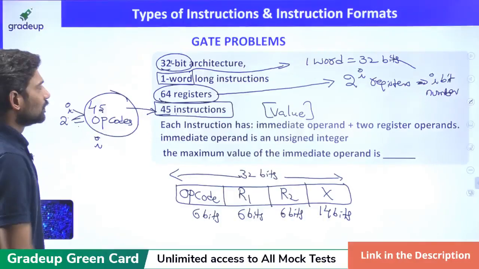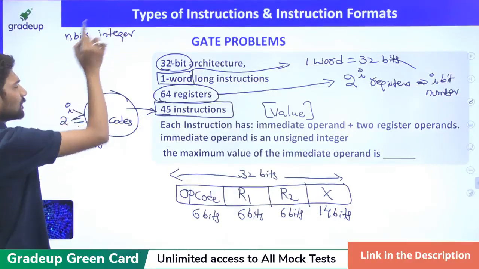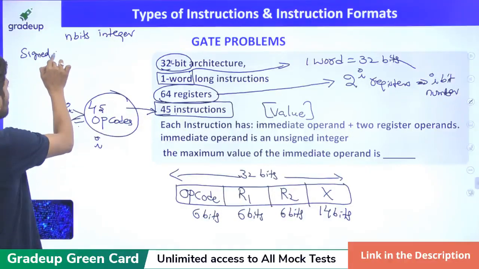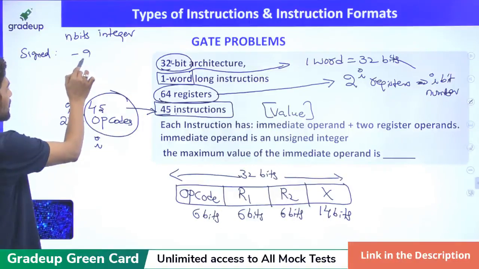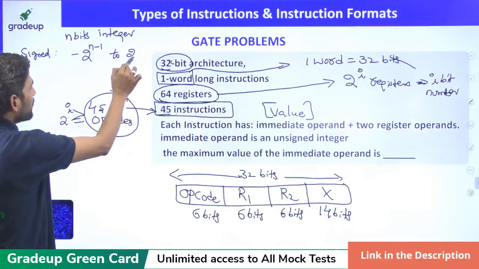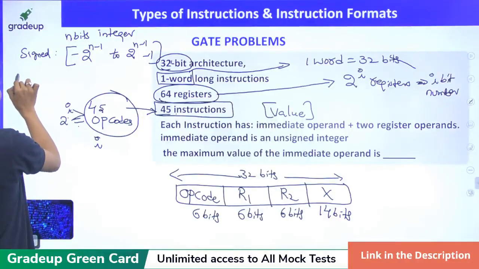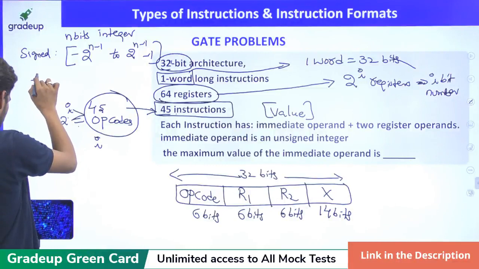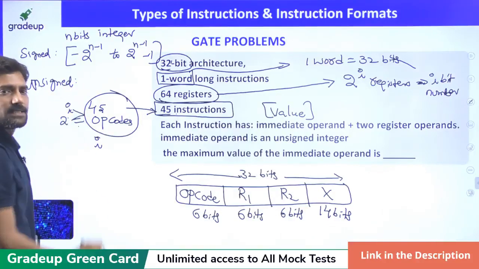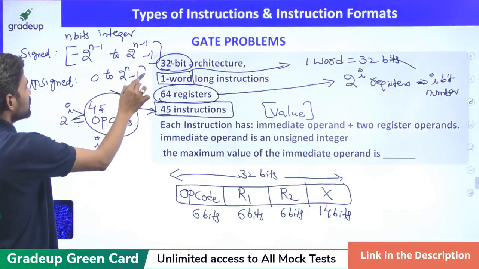Now for an n-bit integer, in programming you might have learned, if it is a signed integer, what is the range? Minus 2^(n-1) to plus 2^(n-1) minus 1. If it is an unsigned integer, what is the range? 0 to 2^n minus 1.